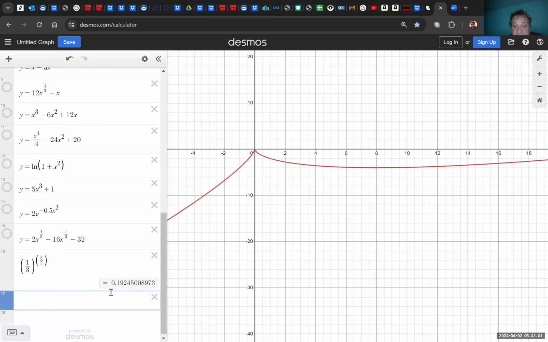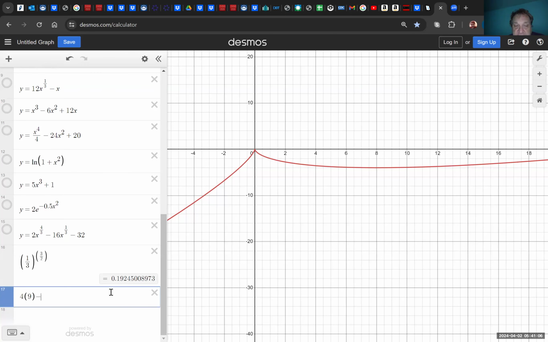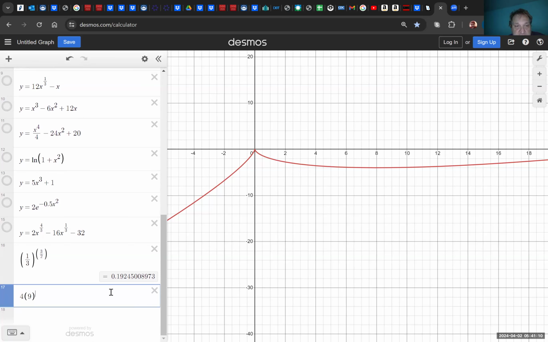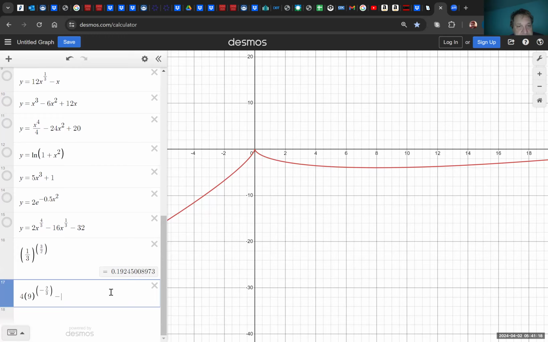So we get 4 times 9 to the negative 2/3. Oops, I have to use parentheses. Negative 2/3, and then minus 1.